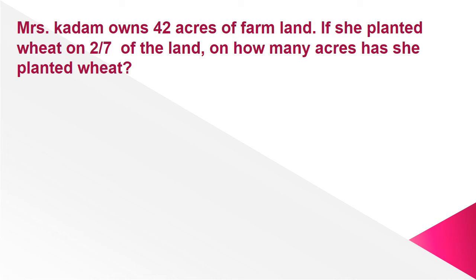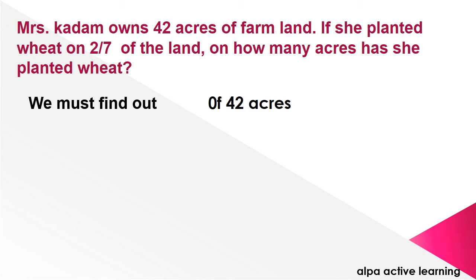Mrs. Kadam owns, meaning she has a big farmland of 42 acres. Now, she planted wheat on 2/7 of the land. Of means multiplication. So we must find out how much 2/7 part of 42 acres is, right? So we must find out 2/7 of 42 acres.